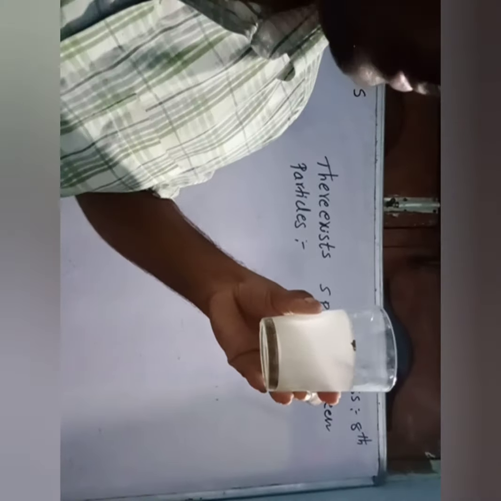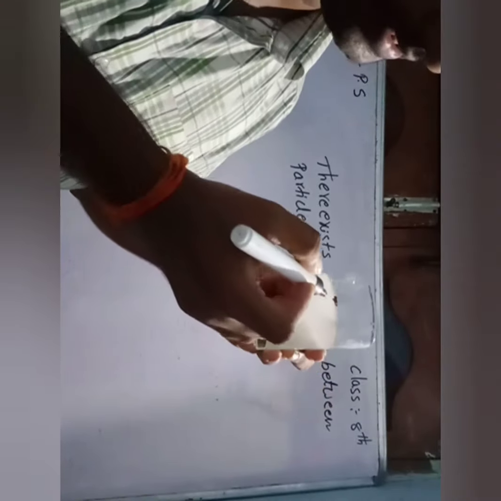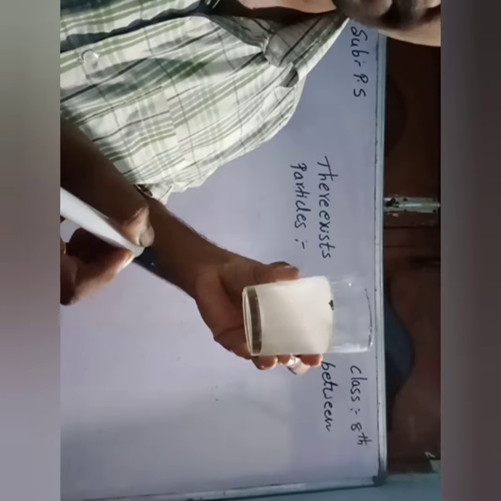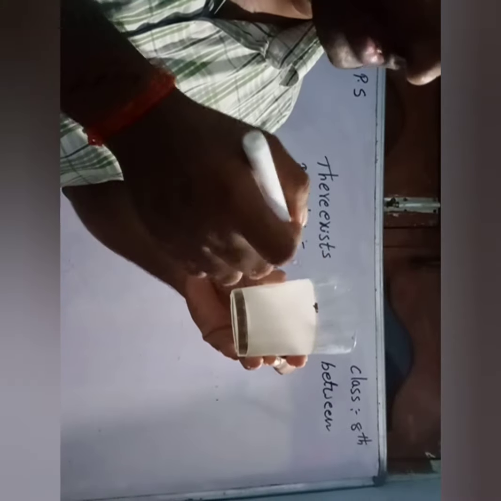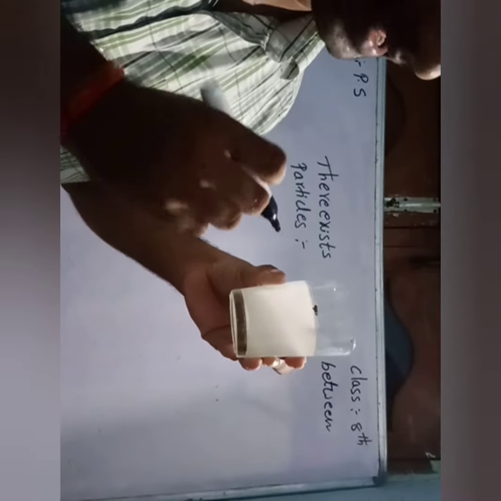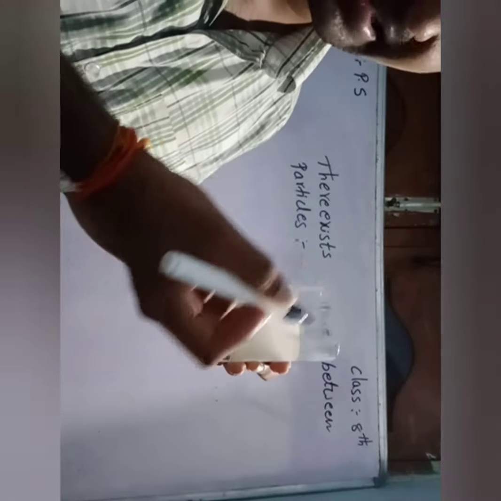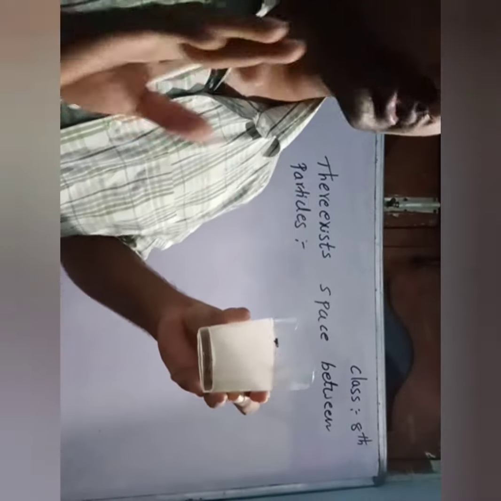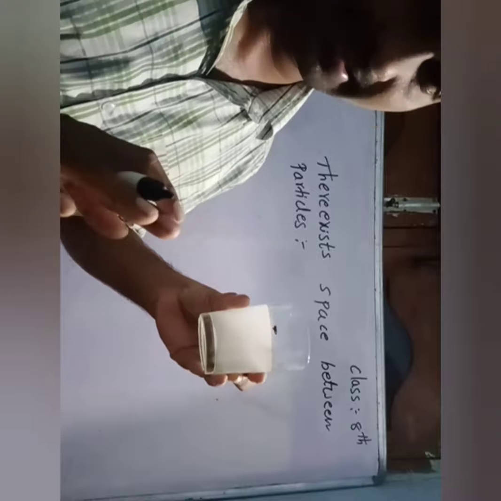Okay, now mix the salt with water. Now observe. So actually this is the level of water. Now I am adding salt. Here the level of water, does it increase or decrease? There is no change. Clearly there is no change.